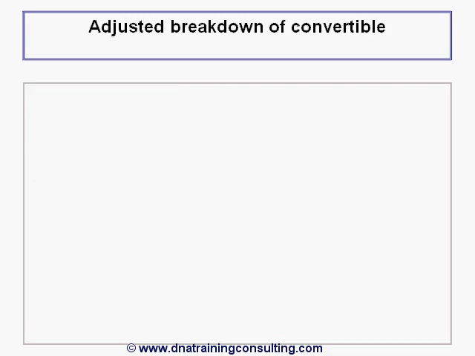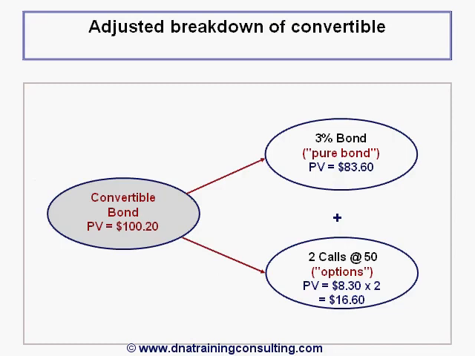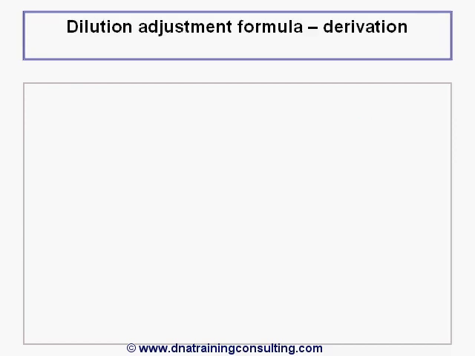This adjustment brings down the convertible's total fair value to 100.20, as you can see here, and the instrument's more accurate decomposition has now been fully restated as shown on this new breakdown diagram. The next 5 minutes or so are spent deriving the dilution adjustment formula we used a moment ago. Skip this section if you do not need to know this.